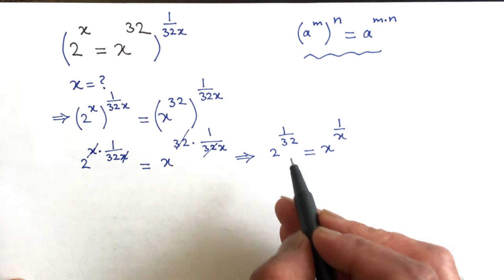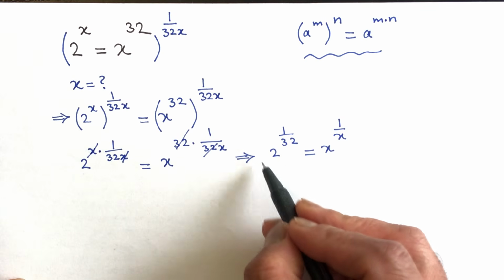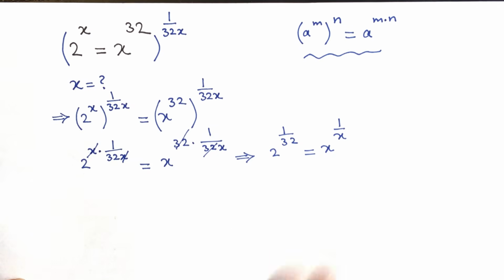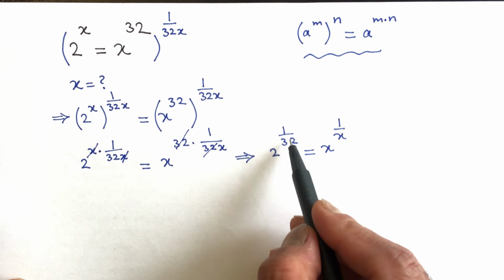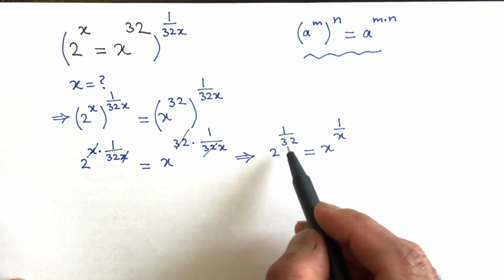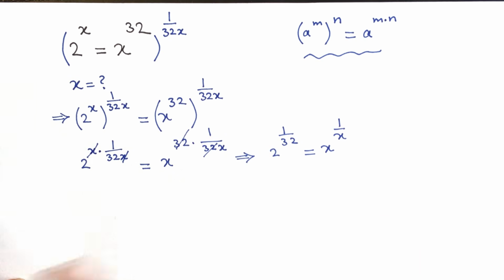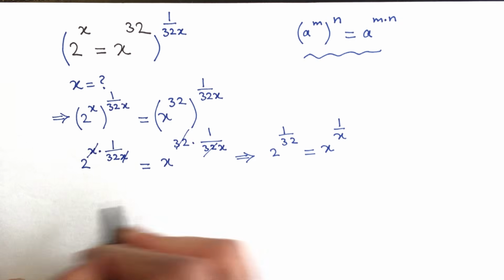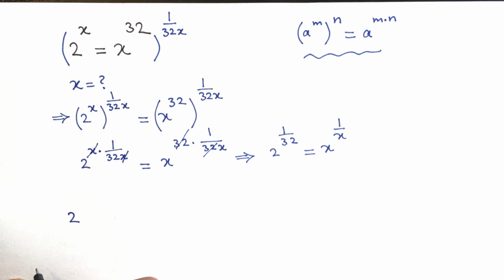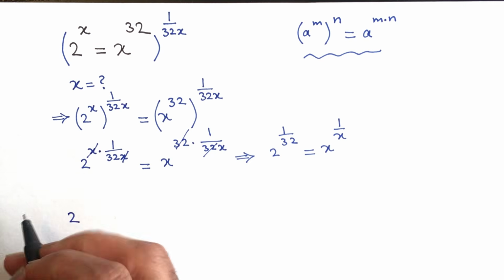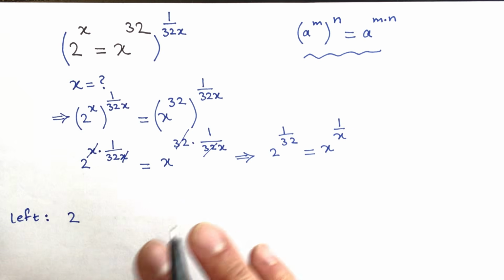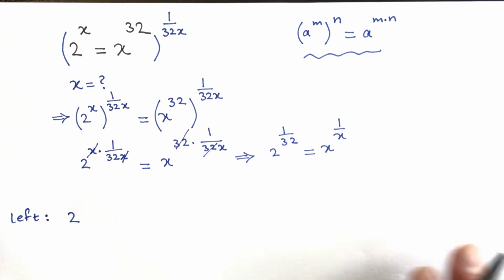The main point is that this left side should be in exactly the same form as the right side, and that is my way. I can multiply the power, both the 1 and 32, the numerator and denominator, by 2. I just write the left side and then I can show you how we reach the right side.